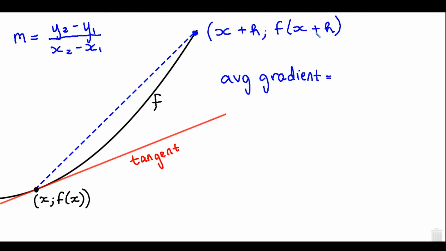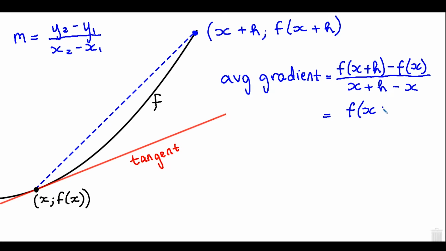It will be y value minus y value over the corresponding x values subtracted: x plus h minus x. In other words, this x value minus this x value. That obviously simplifies to f of x plus h minus f of x over h.